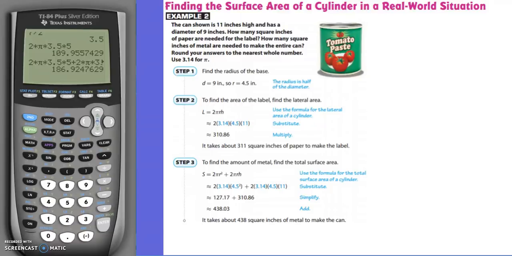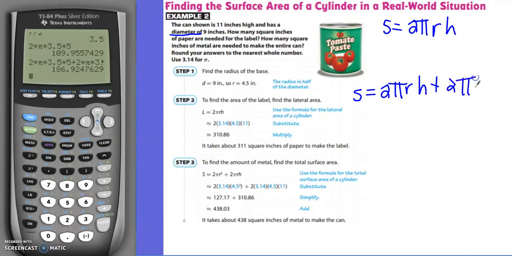Okay, it says the can shown is 11 inches high and has a diameter of 9 inches. Be careful because it's talking about diameter. So we can do lateral. Lateral is 2 pi r h. Total is S equals 2 pi r h plus 2 pi r squared. Okay, so if we first find the radius, 9 divided by 2 is 4.5.